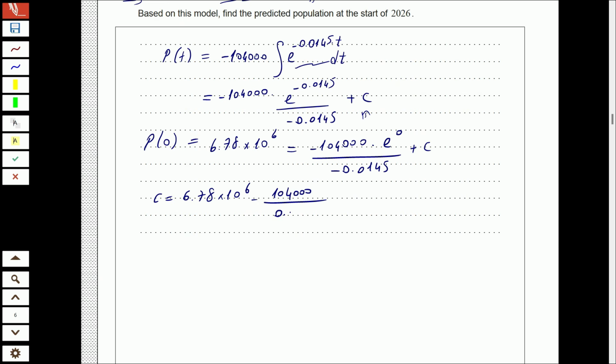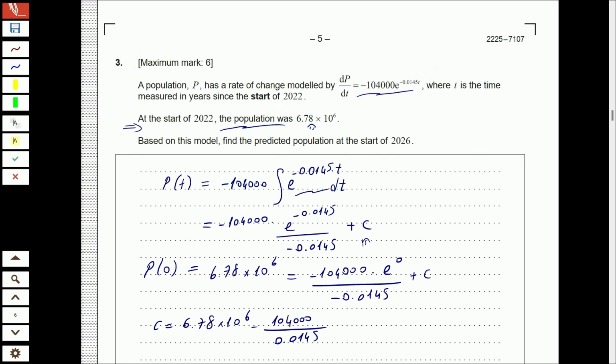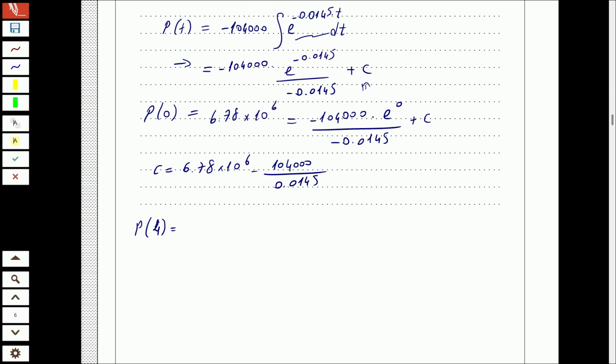And from here you can say that C equals 6.78 times 10 to the power of 6 minus 104,000 over 0.0145, right? So how about the population at the start of 2026? It means after 4 years, in this case, I will replace t with 4 in the function P(t).